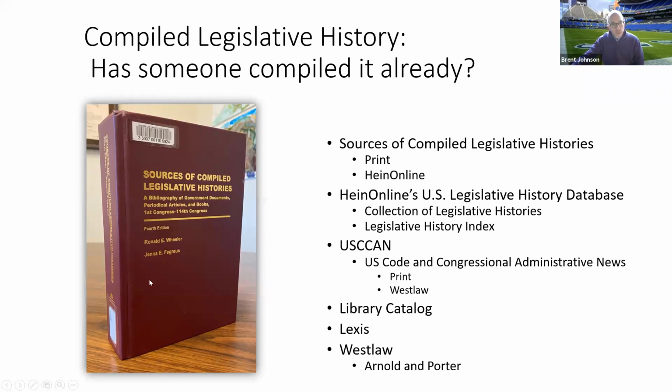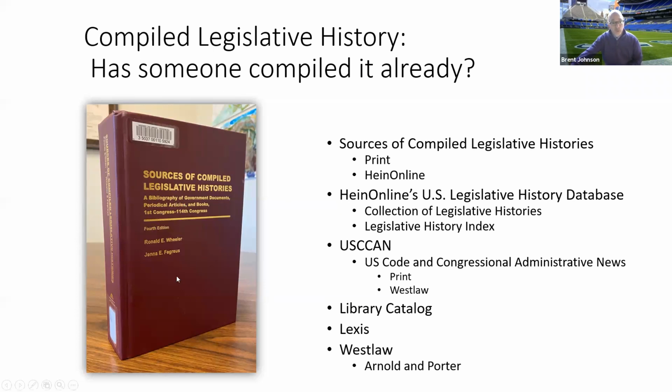The most well-known, oldest standing is likely this book that's called Sources of Compiled Legislative History. It's been around for decades. We have it in print in the library, and it's also in electronic format in Hein Online. Hein Online also has the U.S. Legislative History database.